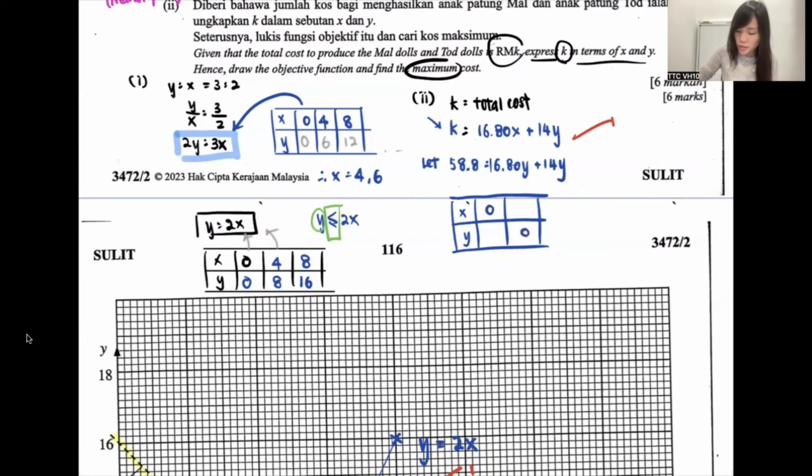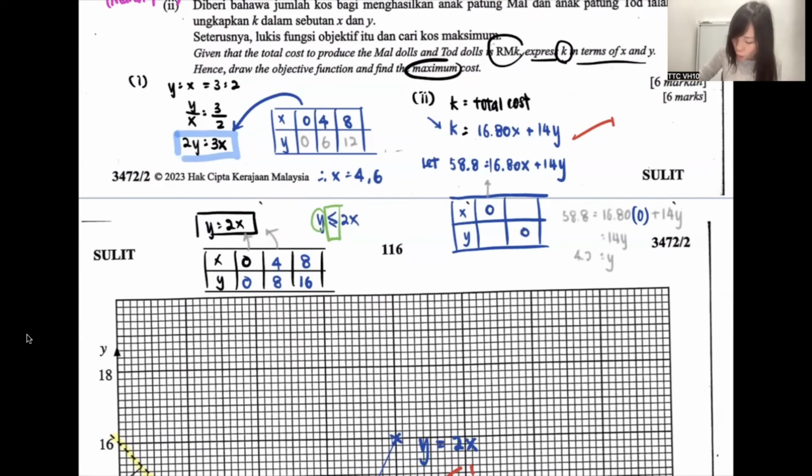So I will sub x equals 0. Sub inside. 58.8 equals 16.8x, why do I write y? This is x. Okay, the x is 0, plus 14y. So 14y equals 58.8. y equals 58.8 divided by 14.